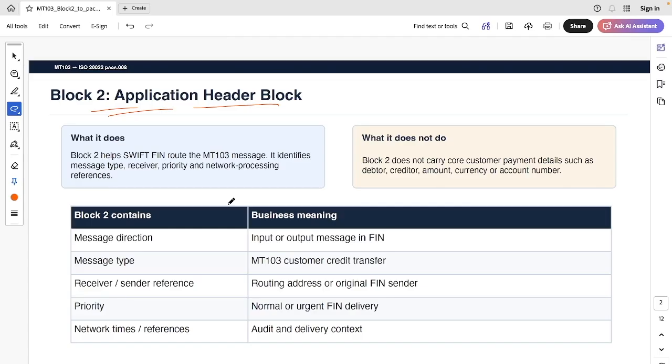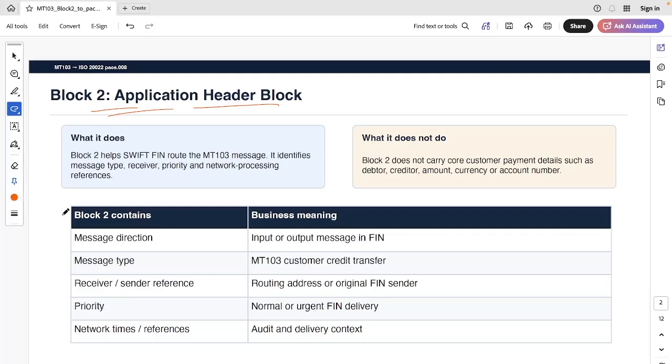As mentioned earlier, Block 2 does not contain the actual commercial details of the customer payment. For example, Block 2 does not tell who the ordering customer or the beneficiary is, what amount is being transferred, what currency is being used, or what the customer account numbers are. Those details you will normally find in Block 4.